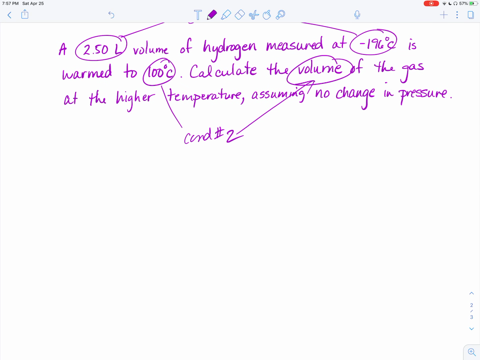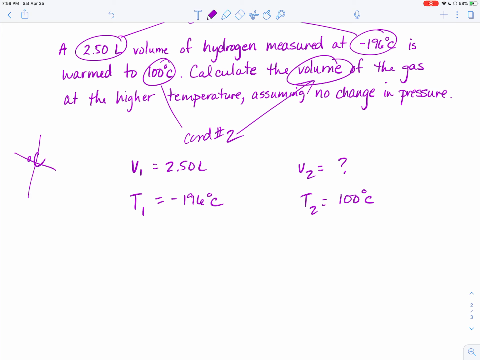So we're going to take our information out of that. Volume 1 is 2.50 liters, temperature 1 is negative 196 degrees Celsius. Volume 2 is unknown, and temperature 2 we know to be 100 degrees Celsius. Now, anytime we're using temperatures in gas law equations, we note that you cannot use degrees Celsius.